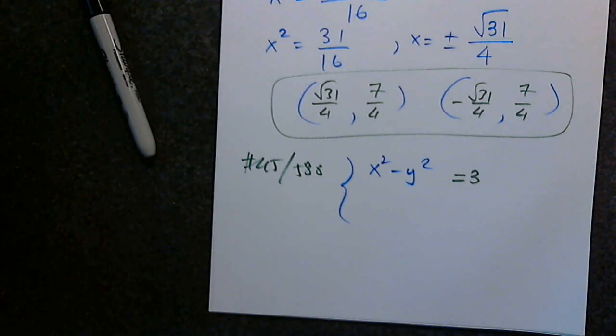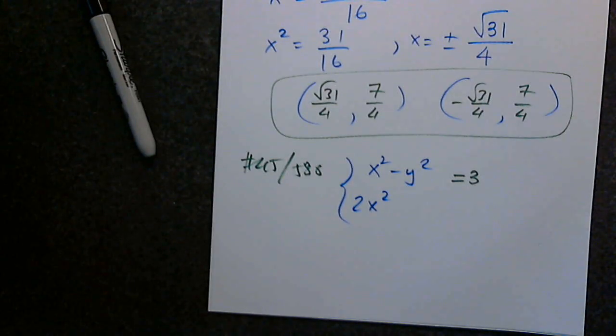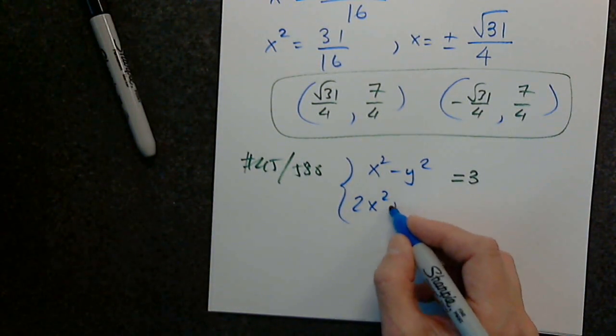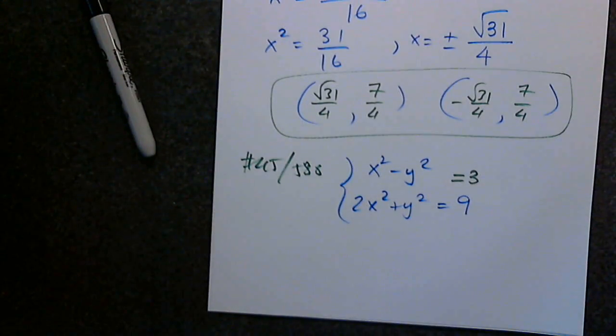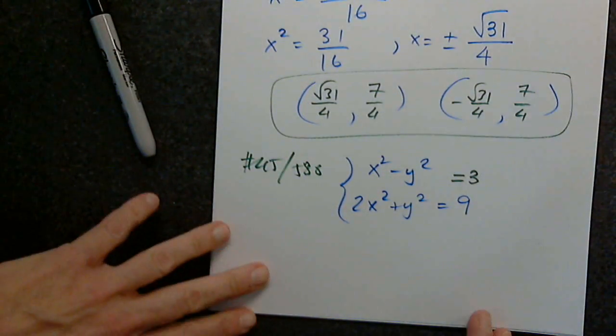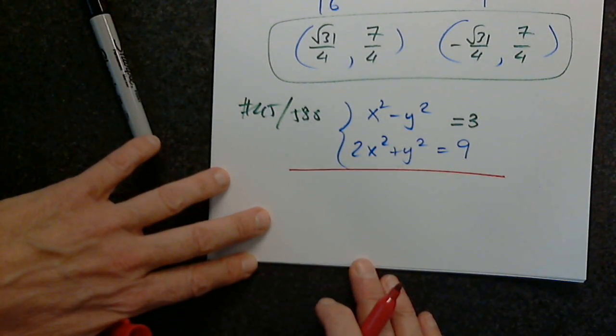What do I write? Very good. Increased by the square of the second number is 9. Very nice. This is clearly set up already for us for elimination, or the adding method.